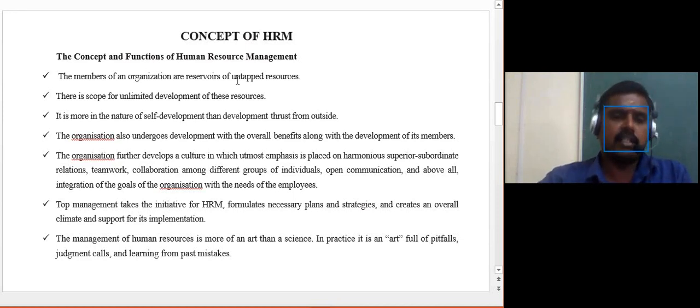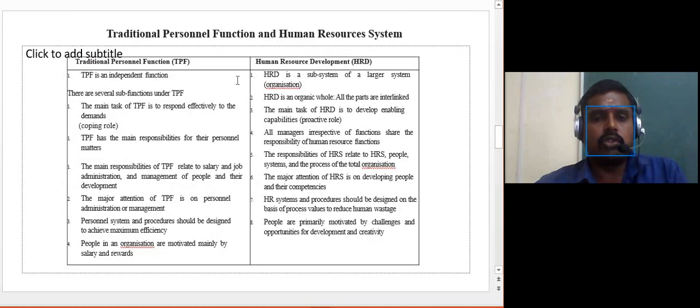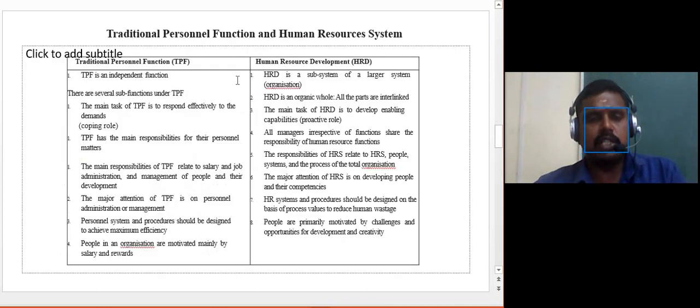And the next thing is, the management of HR practices is more of an art than a science. In practice, it is an art full of pitfalls and judgment calls and learning from past mistakes. So you can understand from that the concept of human resource management.